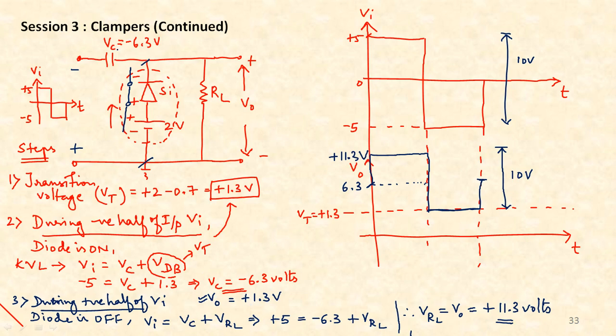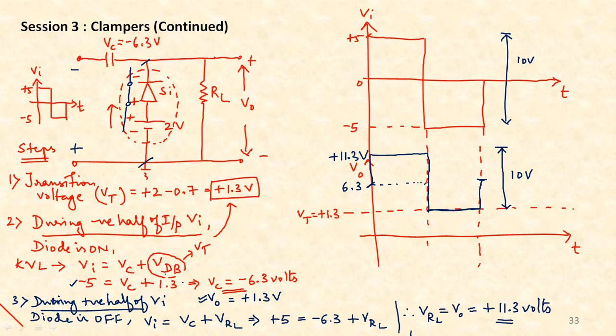But the voltage stored across the capacitor has to be determined by applying KVL. If I apply KVL, it is VI equal to VC plus VDB, where VDB is the voltage drop across the diode and the battery. VI is minus 5, VC I need to determine, and the voltage drop across the diode and battery combination is 1.3.